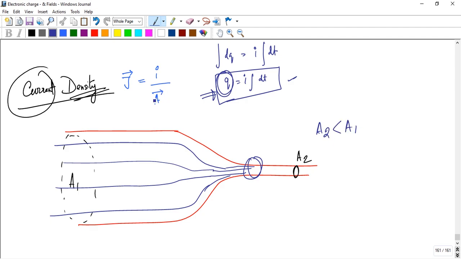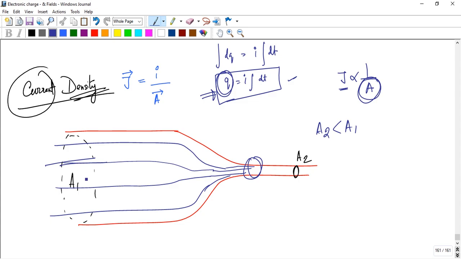So J is proportional to 1 by A: less area means more density, and more area means less density. They are inversely proportional. That's the current density: the streamline flow divided by the cross-sectional area. And current density is a vector, so there is a direction.